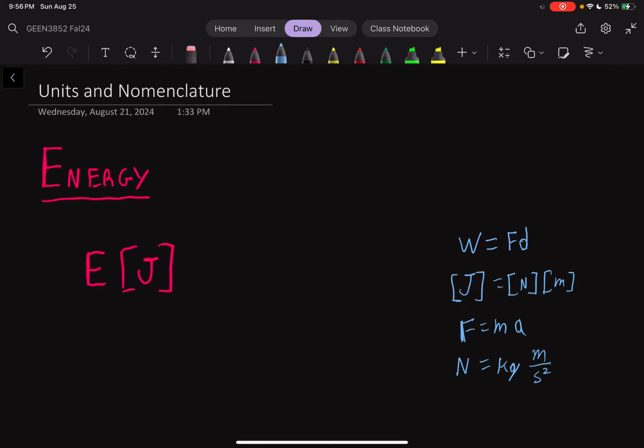And so 1 joule is going to be equal to 1 kilogram times 1 meter per second squared times a meter, right? So we have the force times the distance. We can combine these units. So it's a kilogram meter squared per second squared.